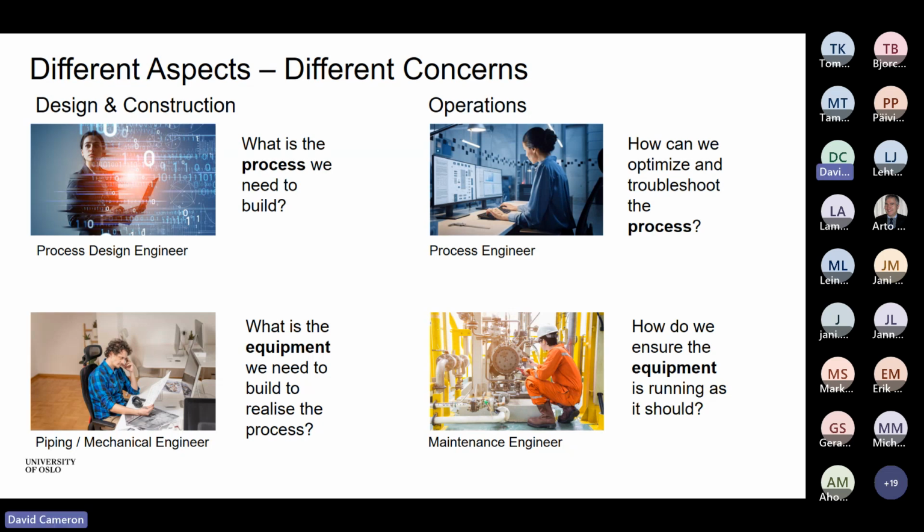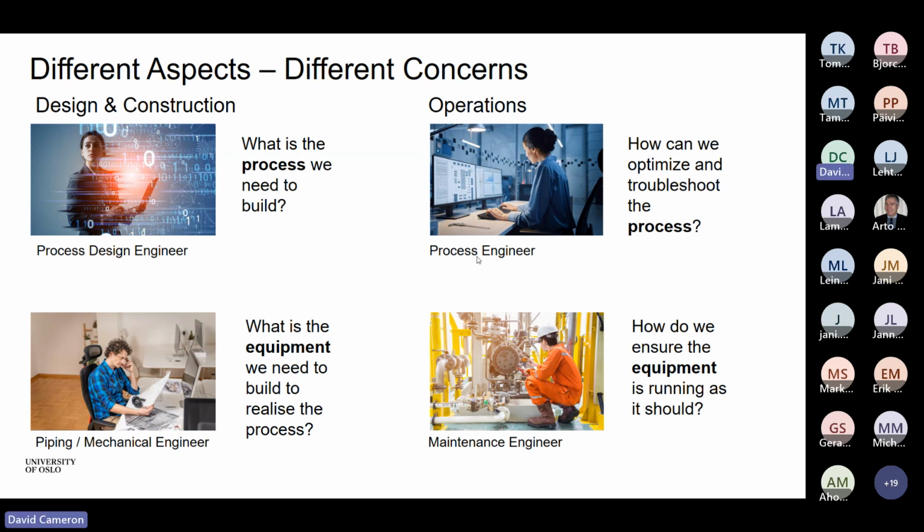Once you're back across into operations, you again have the same sort of aspects. Your maintenance engineer is asking a question, how do we ensure the equipment is running as it should? Very related to that, the equipment is meeting its equipment requirements.